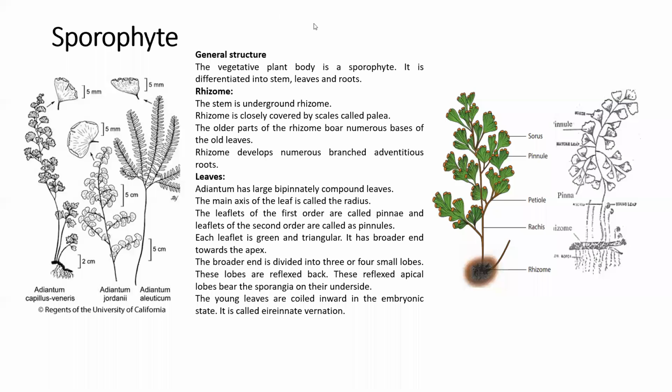All these species have different types of structures and different shapes of the leaves. The root portion is denoted by rhizomes.